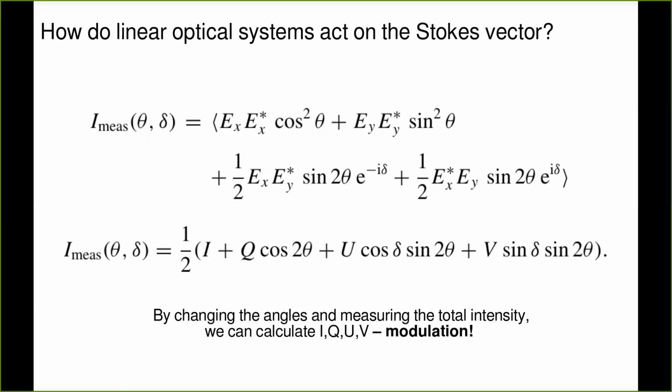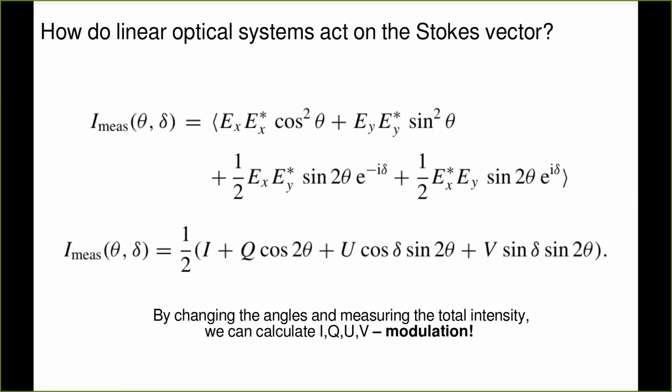It turns out that the real components of I can be expressed by taking the real components of this, and this is basically a linear combination of I, Q, U, and V of my initial light.